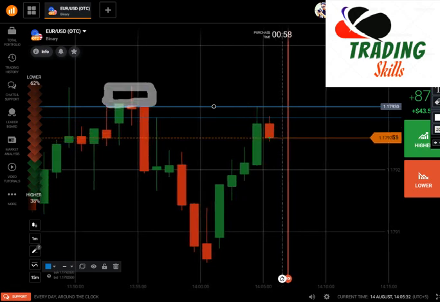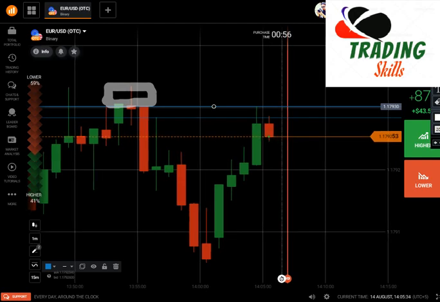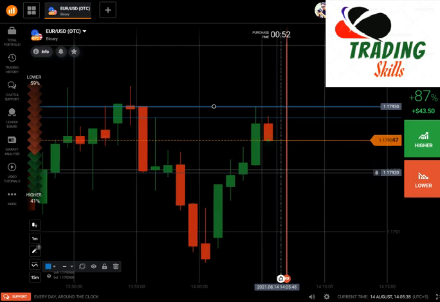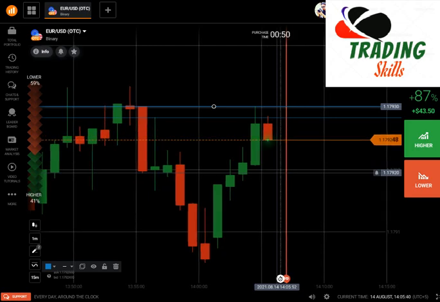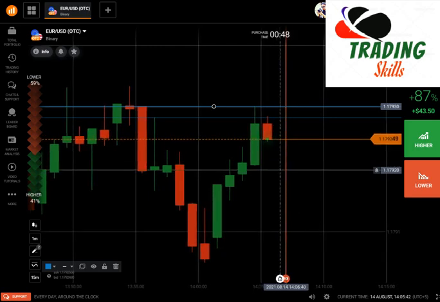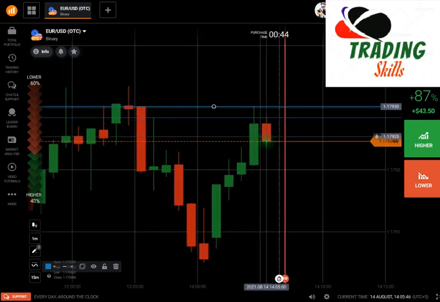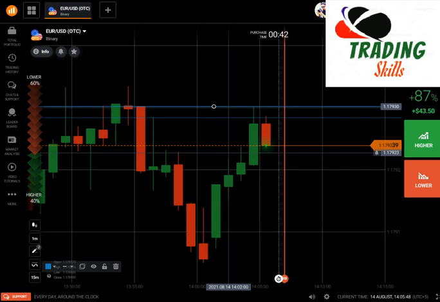We will wait here, because wicks are very important for breakouts. You can see the market is getting rejection exactly from these points, so it means that our analysis was right.